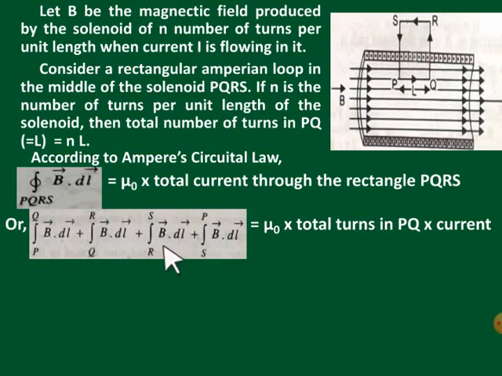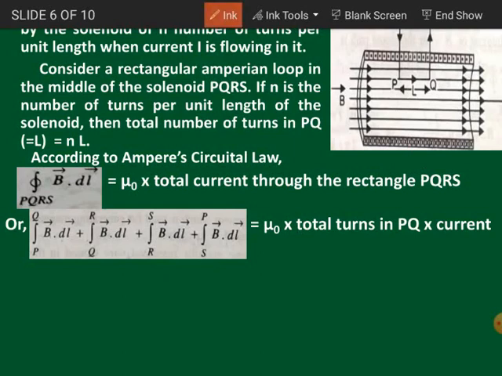And if there is no magnetic field between S and R, then that will also be 0. So the line integral from P to Q will only exist, but from Q to R, as dl and the magnetic field are perpendicular, cosine of 90 degrees will come, so this will be 0.